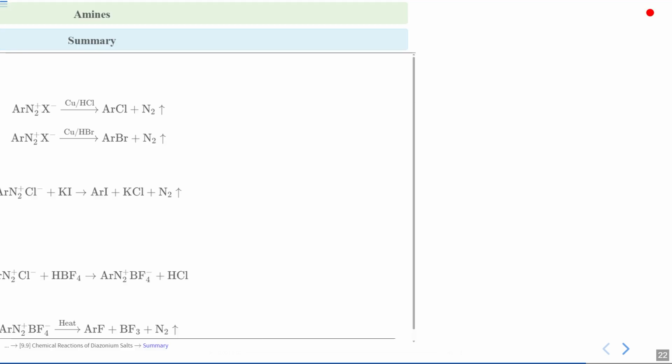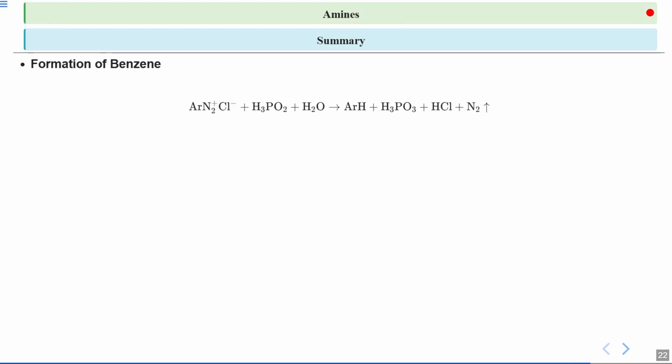Next, we discussed formation of benzene. Here, when ArN2+ Cl- reacts with H3PO2 and water, it produces benzene, phosphorous acid, hydrochloric acid, and nitrogen gas. Or in another method, the diazonium salt reacts with ethanol and the product is again benzene, but this time we get acetaldehyde, hydrochloric acid, and nitrogen gas.